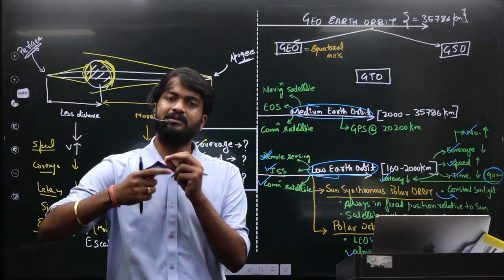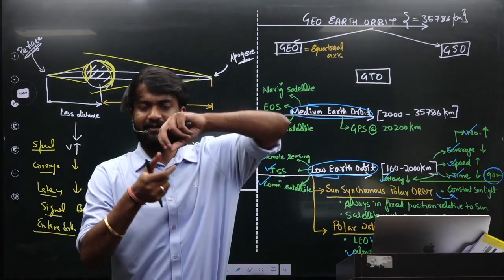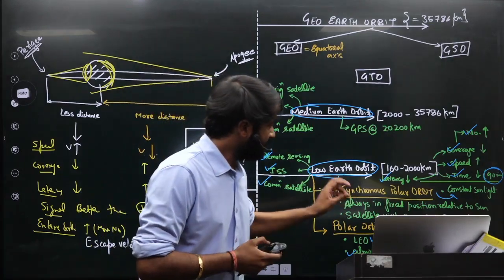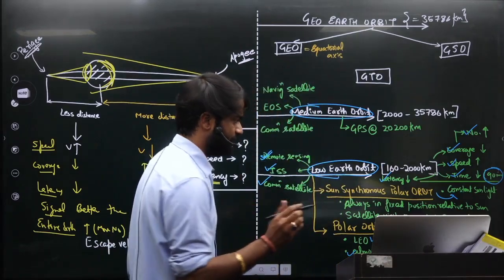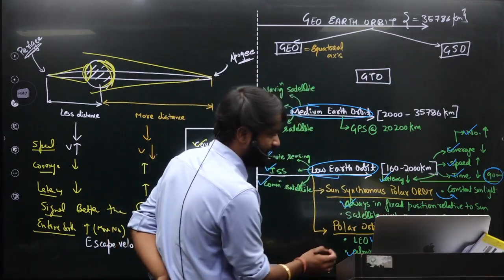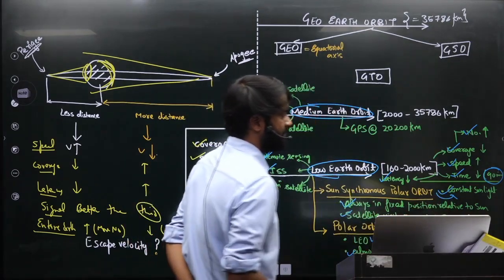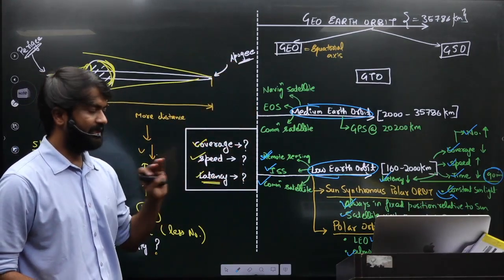So they have constant sunlight whenever they are in the orbit. Wherever the sun is going, they are going along with the sun. So that is how the sun synchronous orbit has constant sunlight access for the satellite. So first thing, always in a fixed position relative to the sun, the satellite is at the same spot at the same time, and it is having constant sunlight as well. Now we are done with the low Earth orbit.